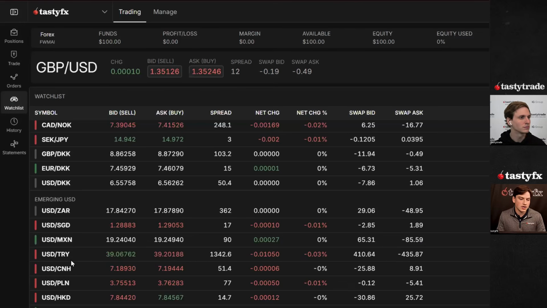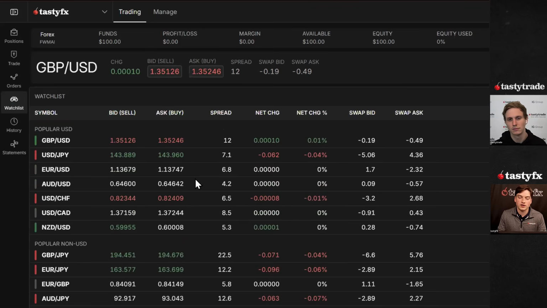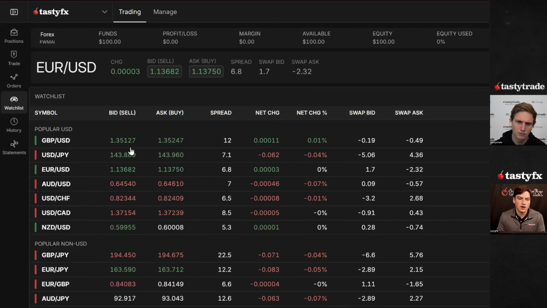We've got that here, all the way down to some of these Israeli shekel, Turkish lira, but staying with a lot of the liquidity and what's popular with a lot of our traders are just these top markets here, popular US dollar pairs, but also letting you know which non-US dollar crosses also have the most liquidity. So this is the watch list tab. Clicking on any of these will populate the market into your trade tab.